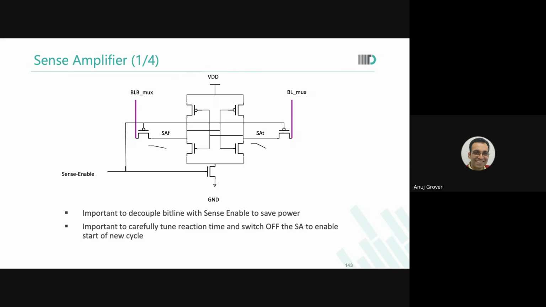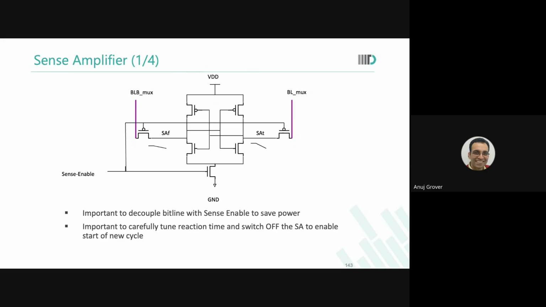Are you with me? As SAT discharges more, the rate of discharge of SAF reduces further. There comes a point when SAT has discharged so much that the PMOS on the SAF side turns on. What does it do? As soon as that PMOS turns on, it pulls back SAF to VDD.